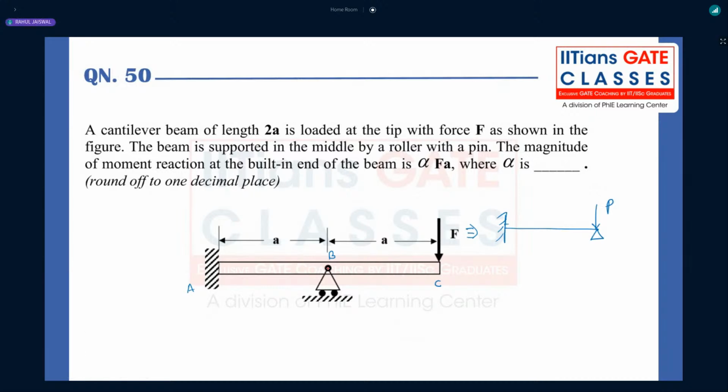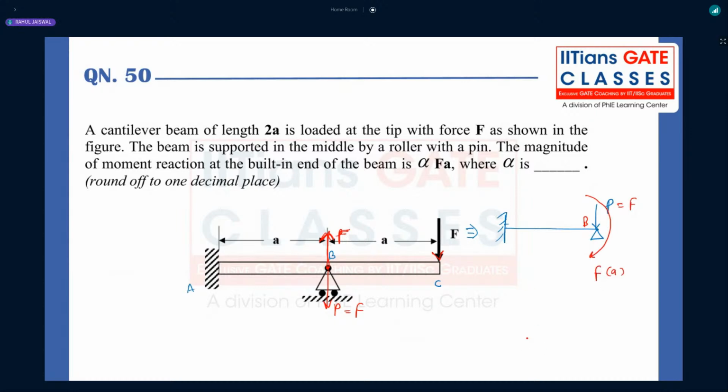You just apply two loads of equal magnitude, right? F, this will be F. So this F will be coming downward, there is no doubt, and this F and this F will create the moment about which point? This one. So this will be F into A, right?